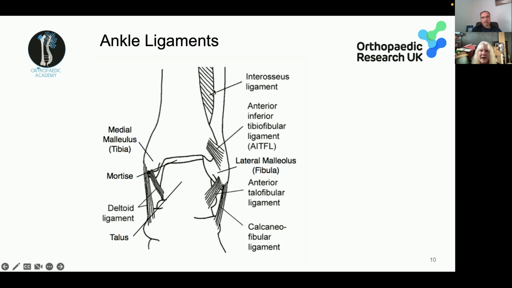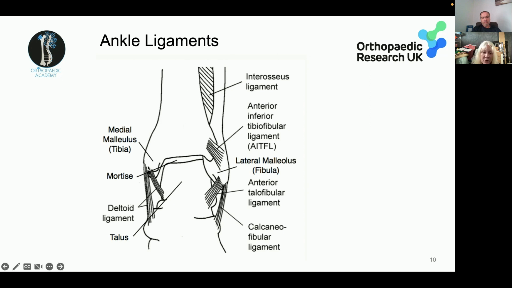And so although the x-rays themselves don't look very exciting, the fact that you've got the whole of this ligament torn makes the ankle joint quite unstable. And it's a fairly big injury that needs to be addressed, which is why clinical examination of these patients goes in conjunction with interpreting the x-rays.